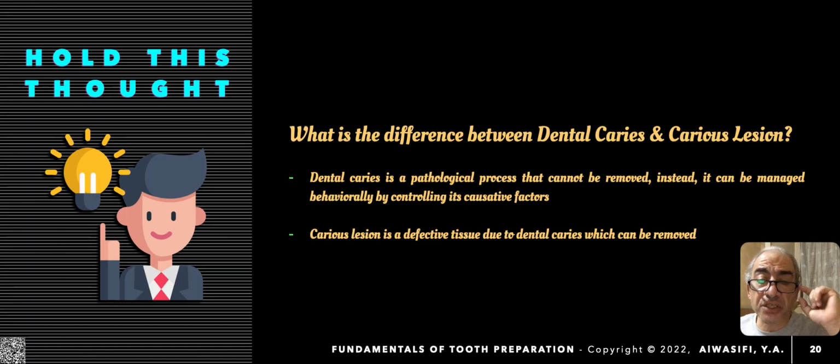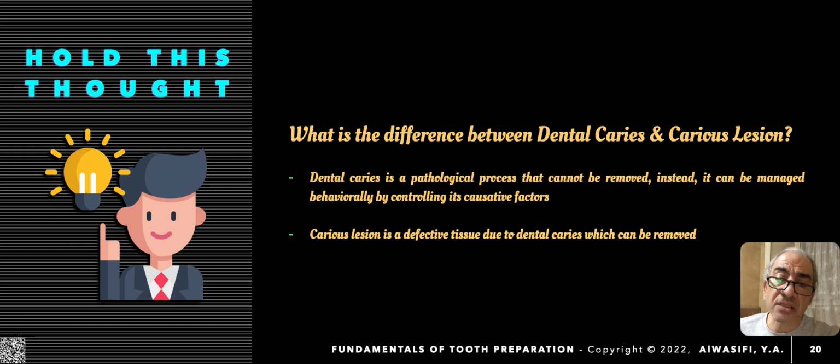Firstly, you should differentiate between two terminologies. What is dental caries and what is a carious lesion? Dental caries is the pathological process of creating a carious lesion. It couldn't be stopped unless you remove all the etiological factors or the behavioral contributing factors of your patient. You should manage it with all its causative factors.